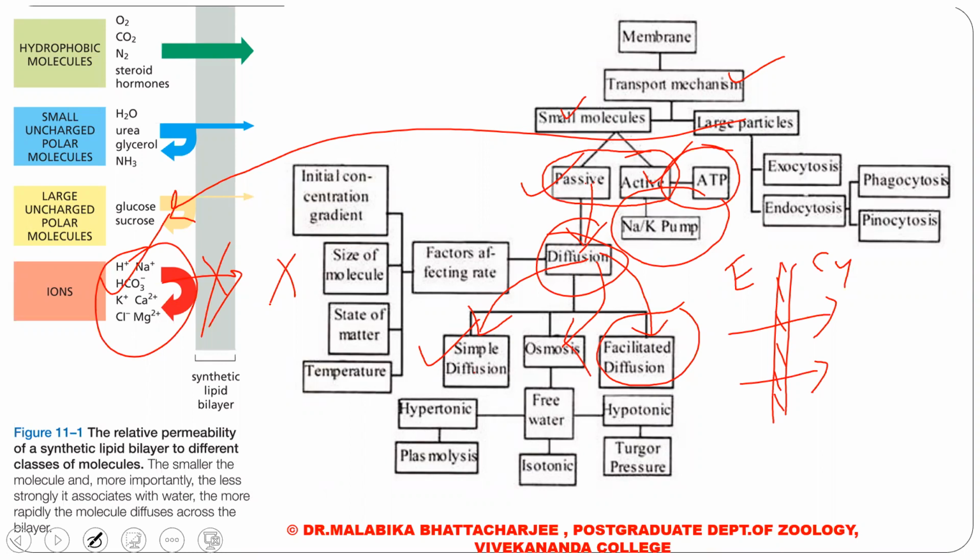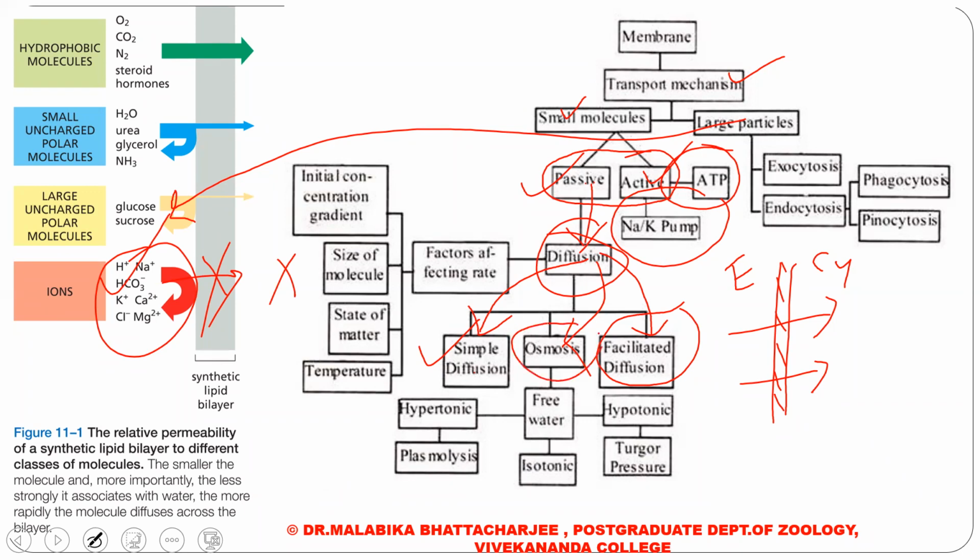So that is facilitated diffusion, where a carrier molecule is involved, or a transporter. I will not use the word carrier here, rather I will use the word transporter: a protein present in the membrane, which will help in the transport of the ions from the outer side to the inner side. So that is facilitated diffusion.